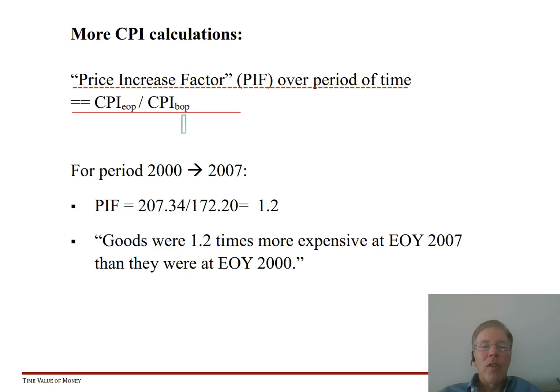So for that period, 2000 to 2007, the price inflation factor is just 207 divided by 172, or 1.2.